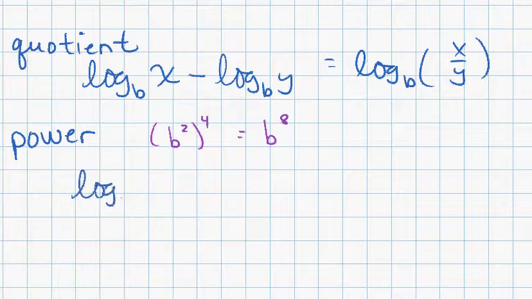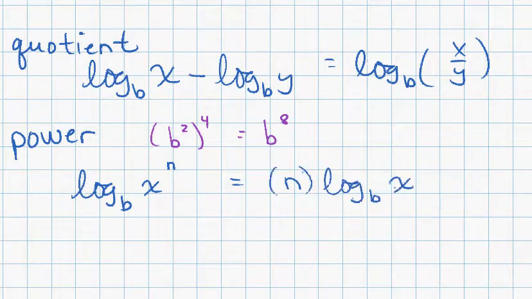So log base b of x to the n is the same thing as n times log base b of x. Powers become multiplication.